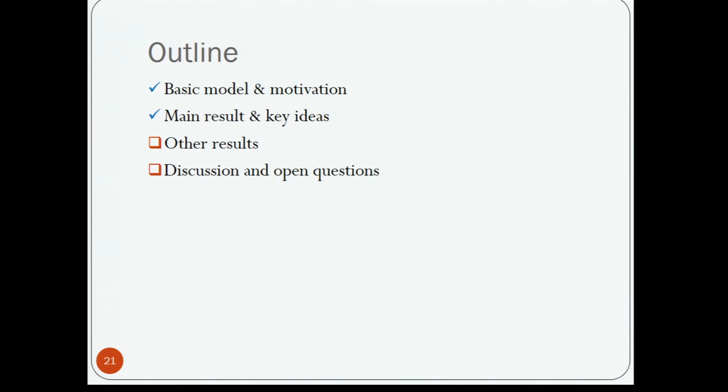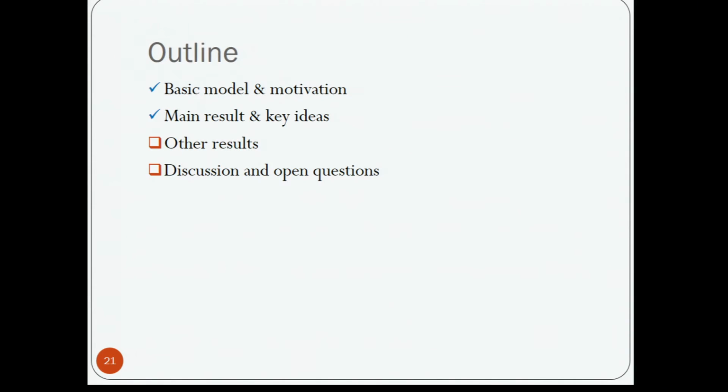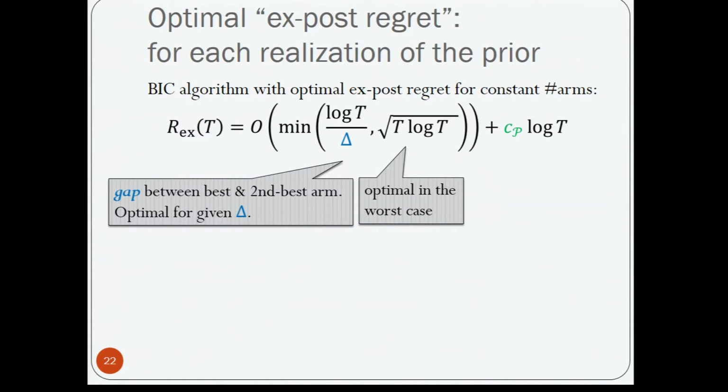Okay, so in the remainder, let me mention a few other results. I guess it's shifting gears at the moment. We also have another result obtaining good ex post regret, meaning good regret for any given realization of the prior, and essentially it is the best.